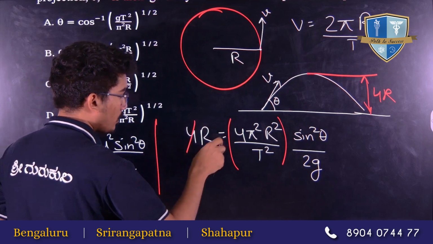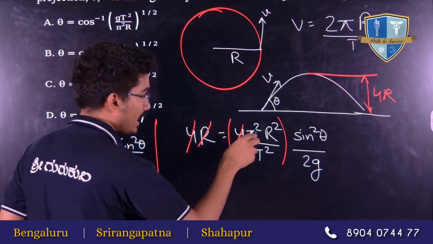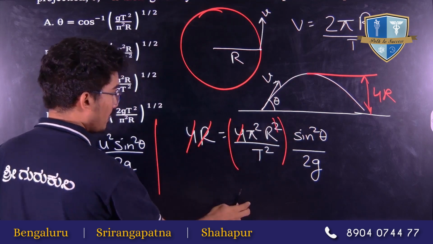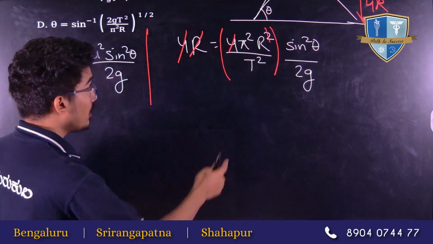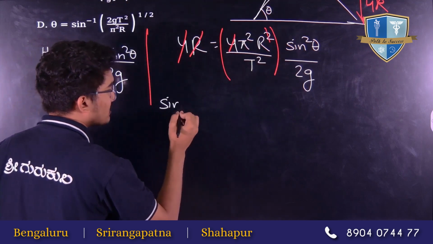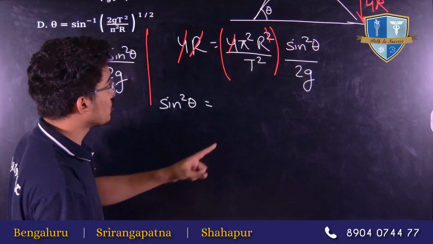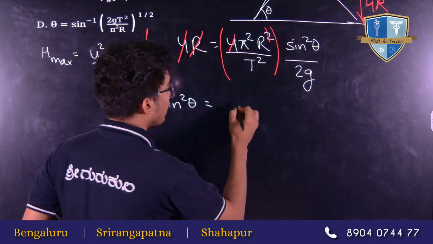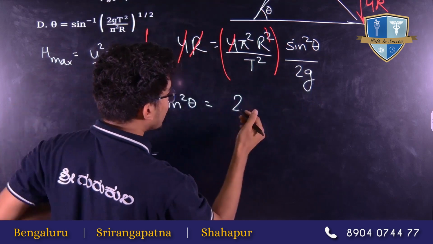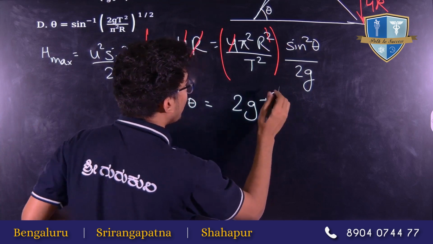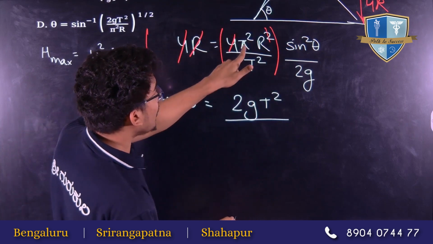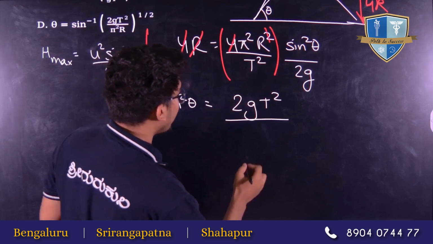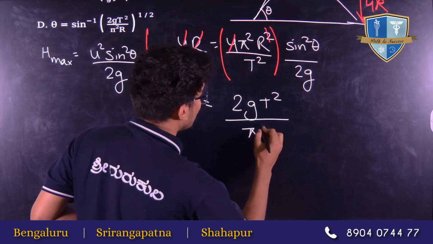Now 4 and 4 will cancel out, r and r will cancel out. So sine square theta, see from here, sine square theta is equal to 2gT square, this 2gT square will go on the other side, and this thing will go in the denominator, divided by pi square r. Correct, divided by pi square r.